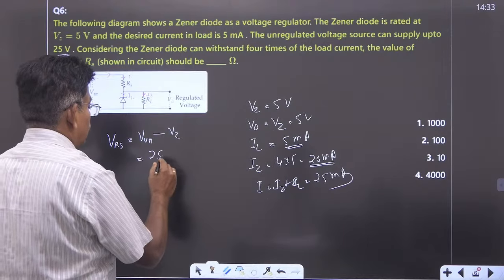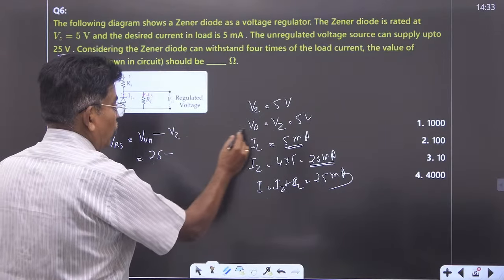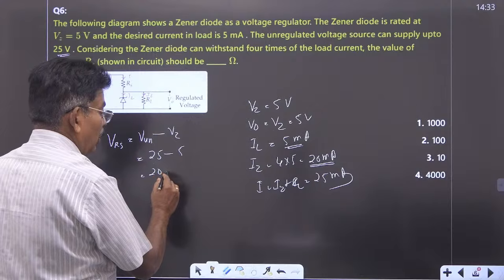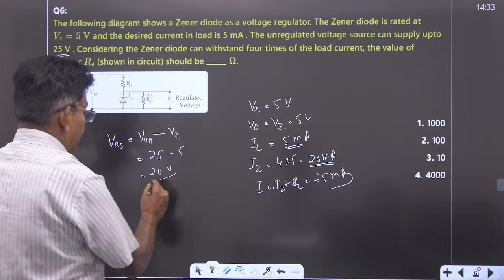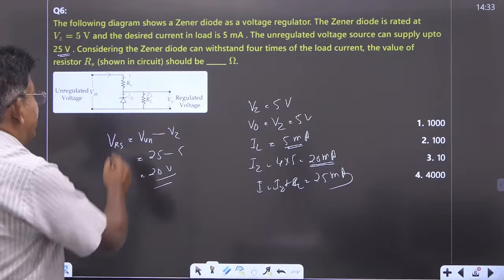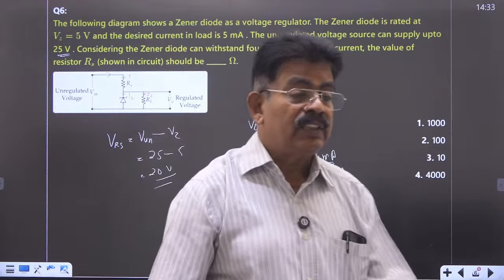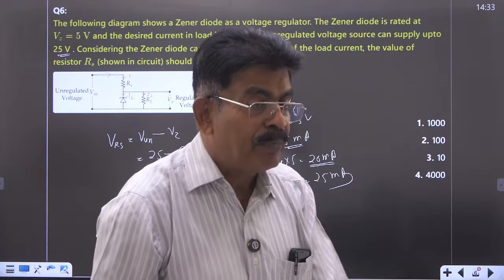Unregulated voltage is 25, minus Zener voltage 5 volt, that is 20 volt. So voltage across series resistor is 20 volt. Current through the series resistor is 25 milliampere.